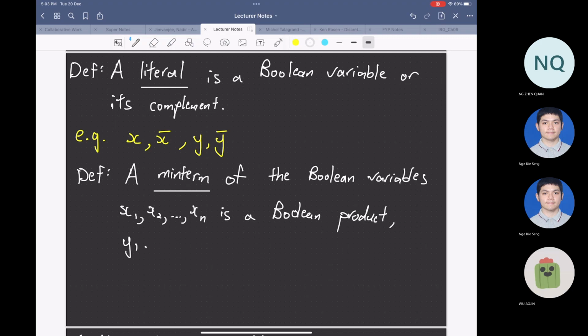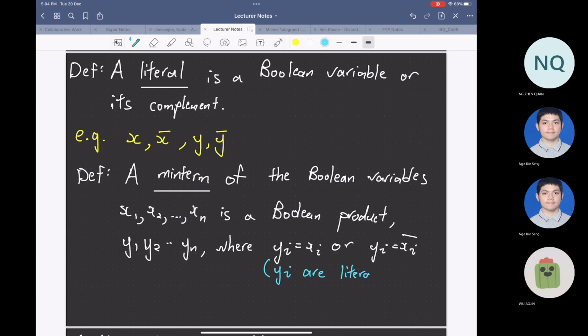So you just multiply y1 up to yn, where the yi are literals. Hence a min term is a product of n literals.